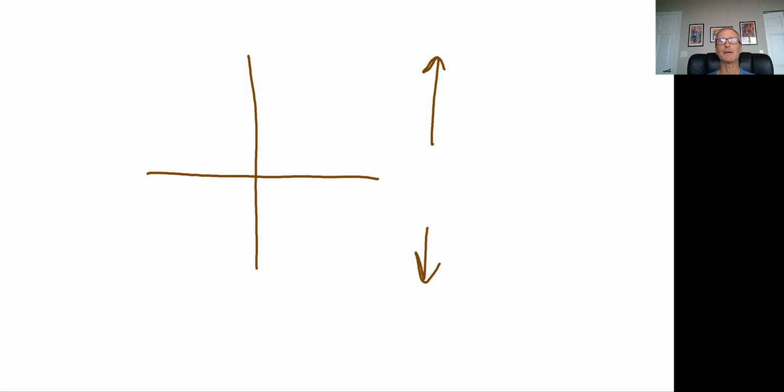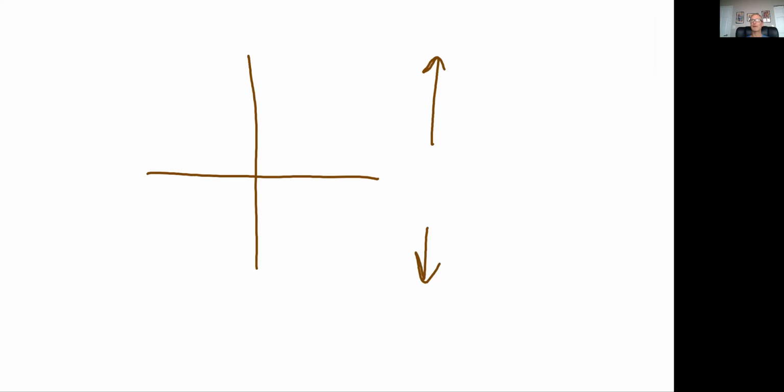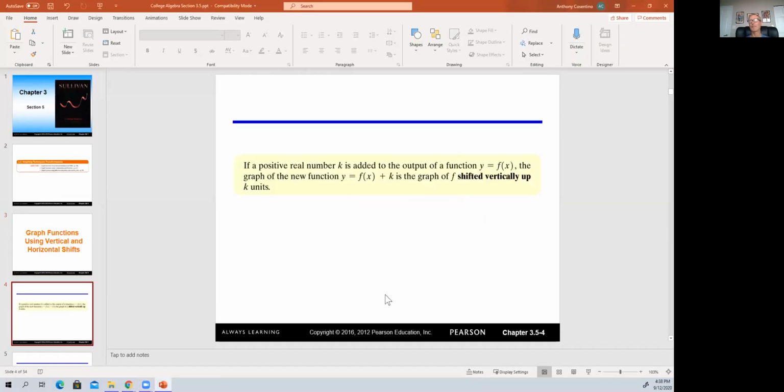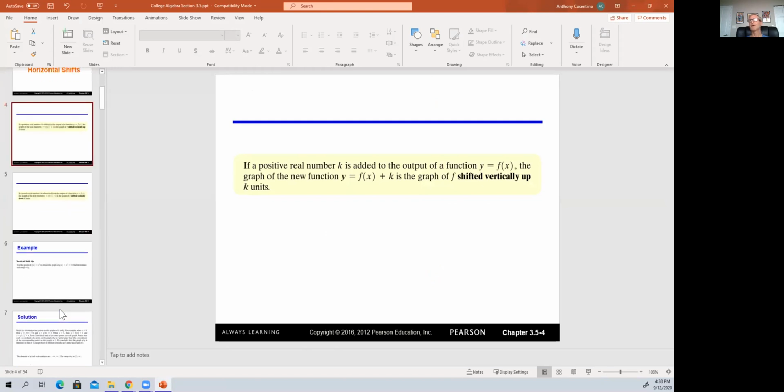And the definition that we're going to introduce for that is right here. So if you have a function or an equation and you add a value to it, in this case, it says k. If k is positive, the graph moves up k units, and if k is negative, the graph moves down k units.